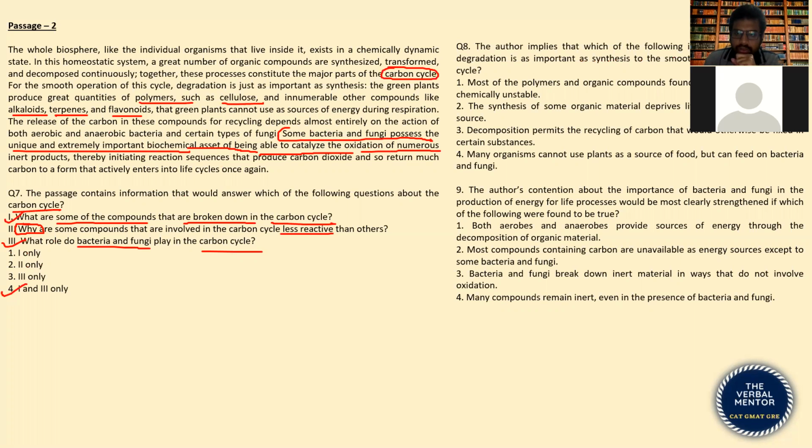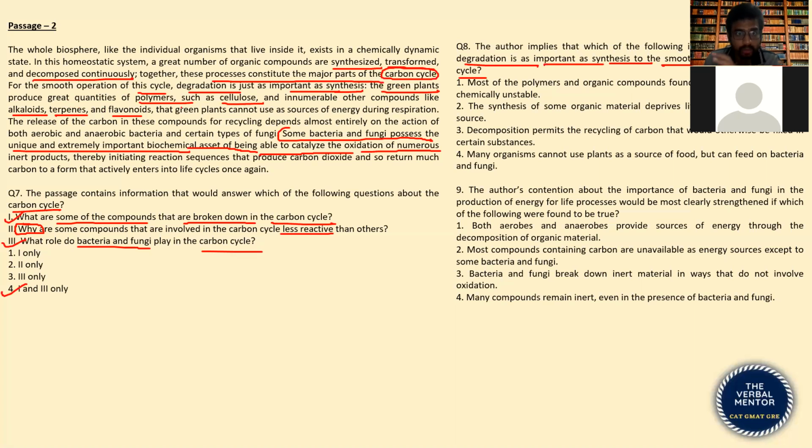Author implies that which of the following is the primary reason that degradation is as important as synthesis to the smooth operation of the carbon cycle. Okay, let's see. So here he says, in this homeostatic system, a great number of organic compounds are synthesized, transformed, and decomposed continuously. These processes constitute the major parts of carbon cycle. For the smooth operation of this cycle, degradation is just as important as synthesis.